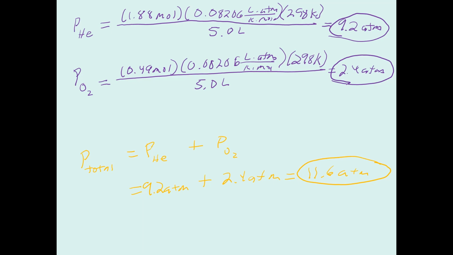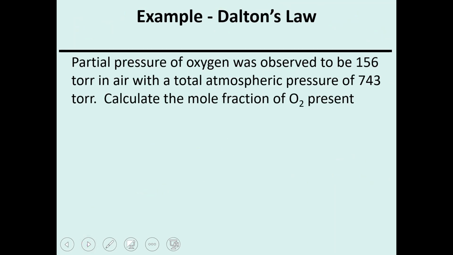So let's take a look at another example here. The partial pressure of oxygen was observed to be 156 torr in air, with a total atmospheric pressure of 743 torr. Calculate the mole fraction of O2 present. So we have the partial pressure of O2 and we have the total pressure, so we can use our equation from a couple of slides ago.